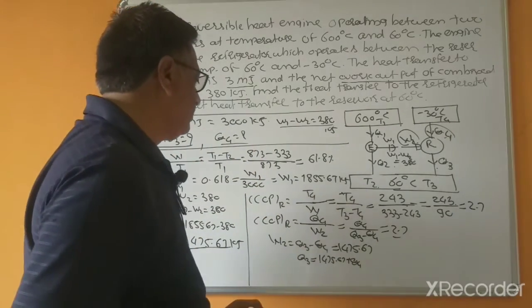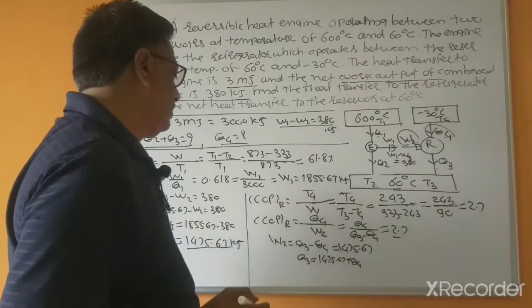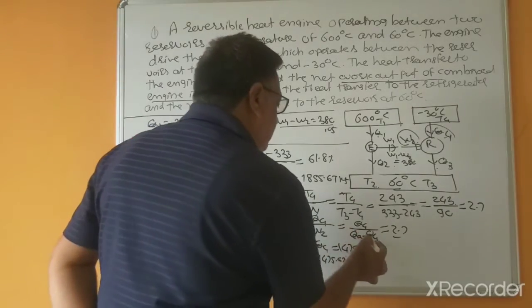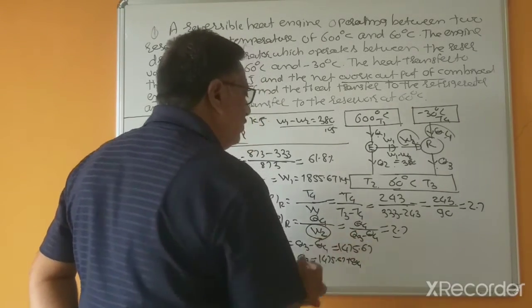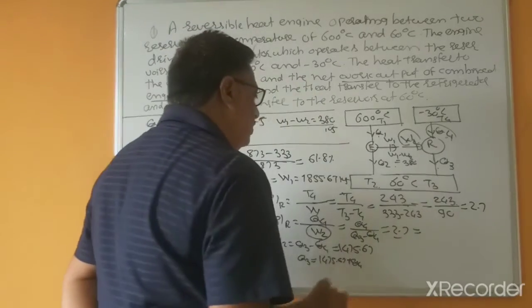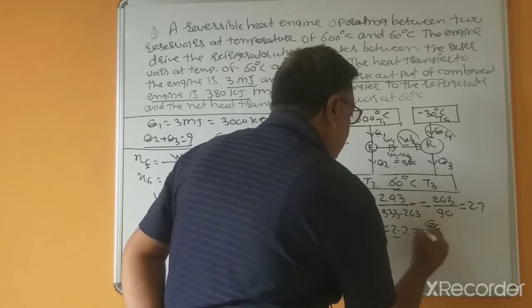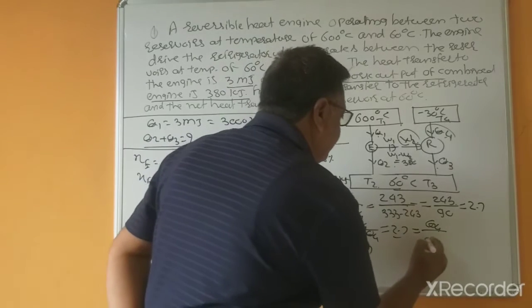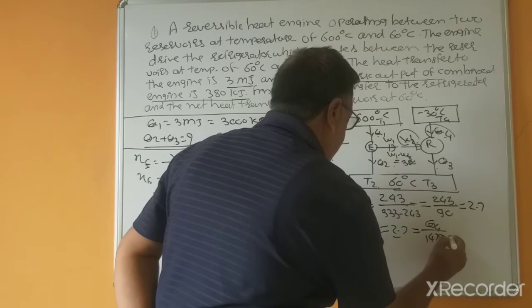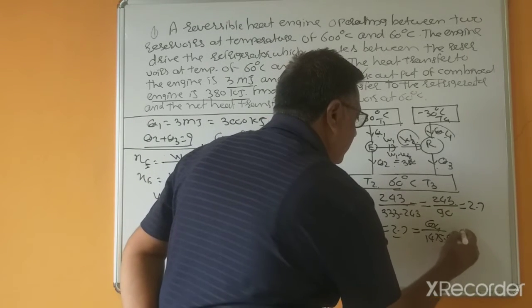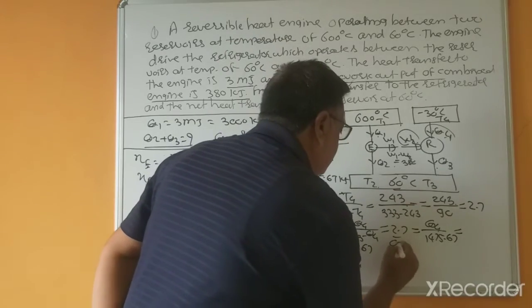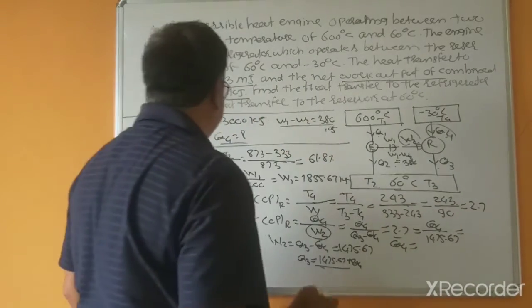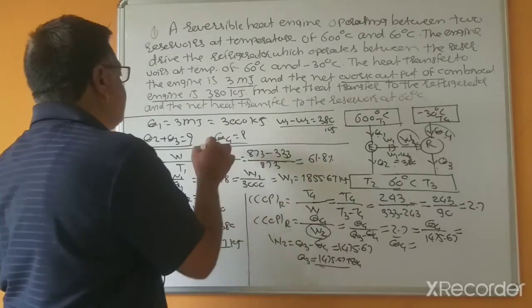Q3 equal to, or directly you can put value of the W2 here. Q4 equal to 147.567, Q4 equal to what? So this is your first answer.